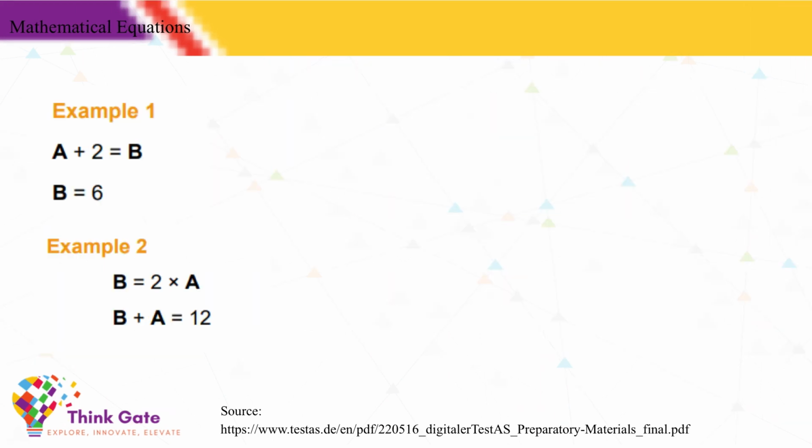Let's start our discussion with this first example. Here we are given two equations. The first equation is a plus 2 is equal to b, and b is equal to 6. It's quite easy for us, and when we substitute the value of b here, it becomes a plus 2 is equal to 6.